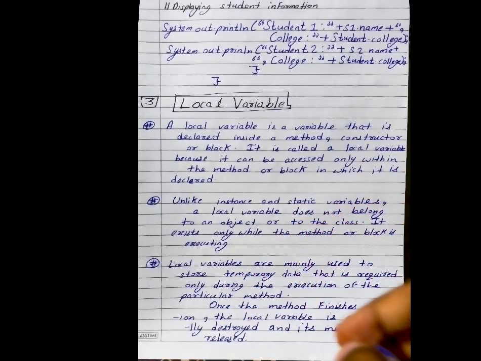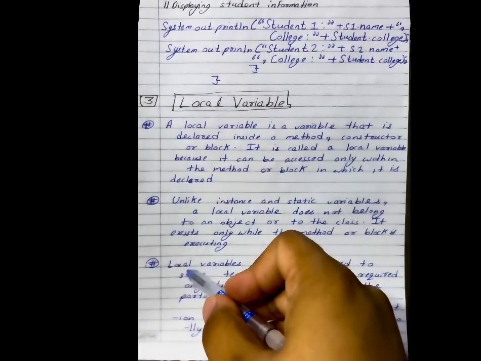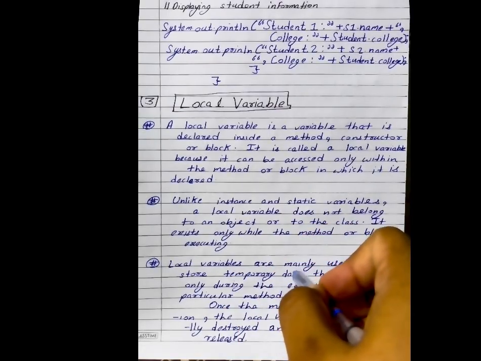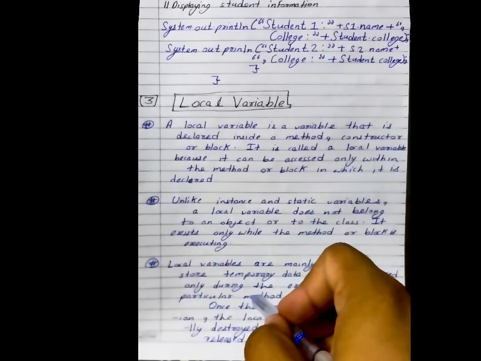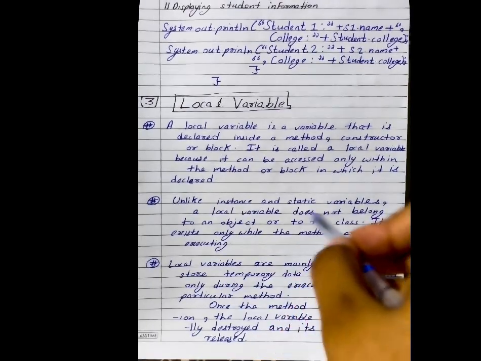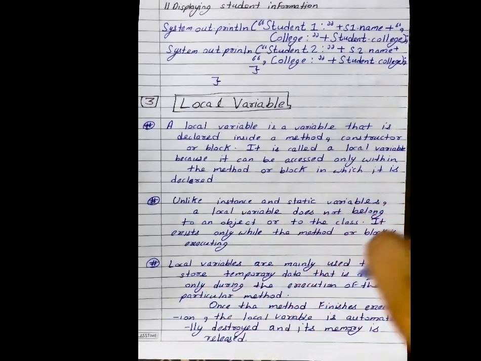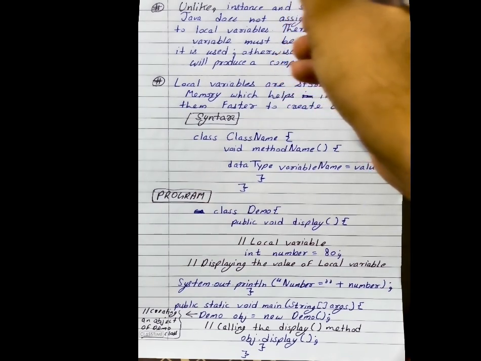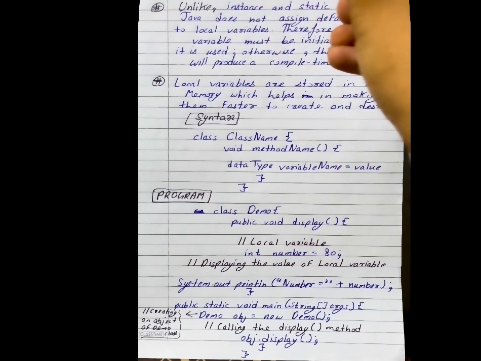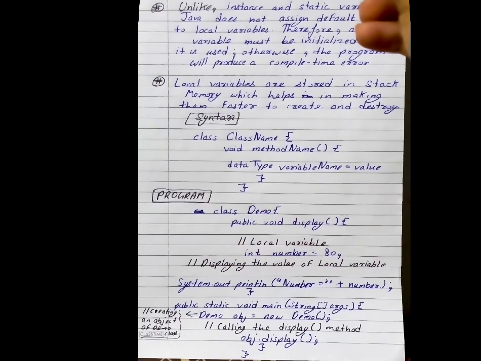I explained that earlier, so I think I don't need to explain it again. So let's move to the next point. Unlike instance and static variables, Java does not assign default values to local variables.